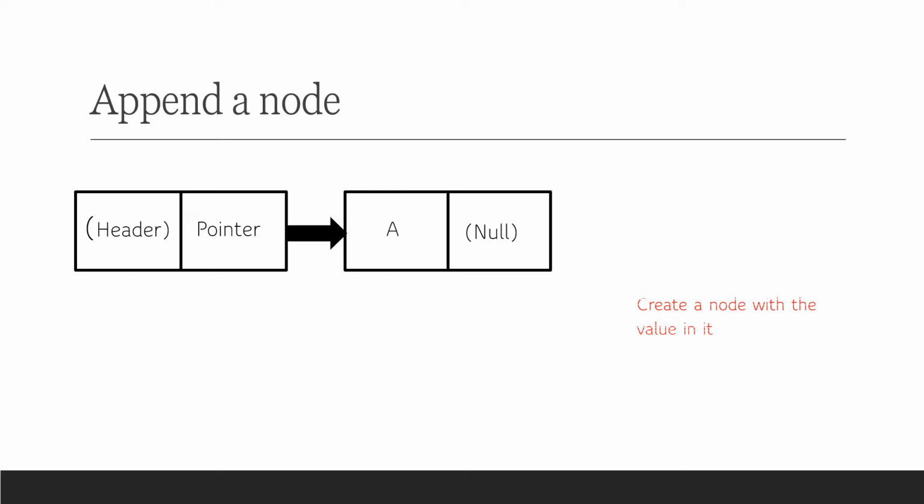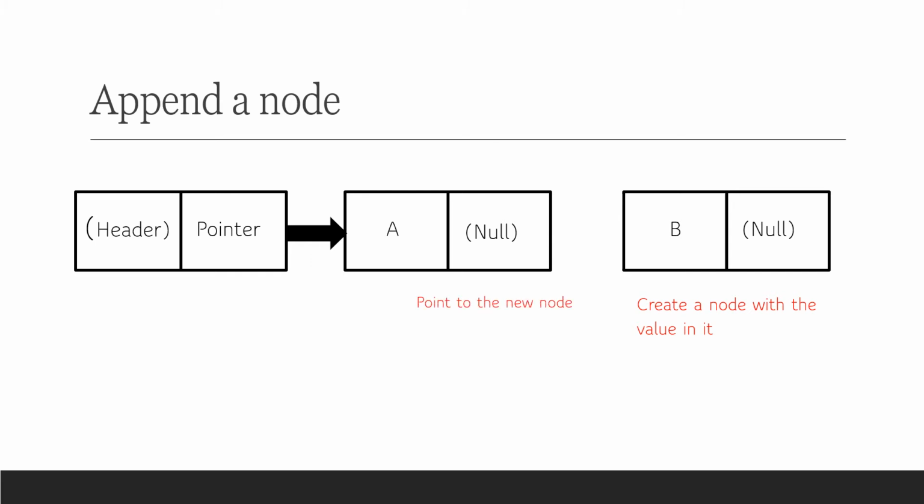To append to the list, we have to create a node somewhere in computer memory that has the data that we want to add. The pointer is null. And then we alter the last pointer in our list so that it points to the new node. That's all you have to do. And now the linked list has been extended by 1.